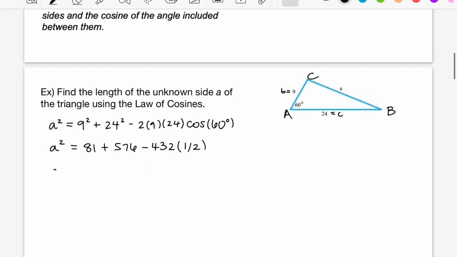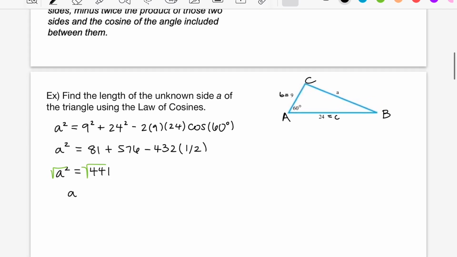Now simplifying this, we get a squared equal to 441. To get a alone, we'll take the square roots of both sides. This tells us that a is equal to 21. So this length here will be equal to 21.